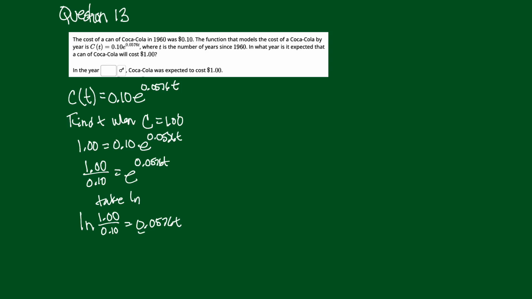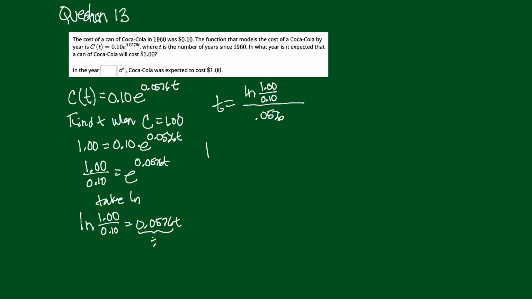Now I can solve this for t just by making that division. T is equal to this fraction: I'm dividing the natural log of 1.00 over 0.10 by 0.0576. I'll put it in the calculator like this.